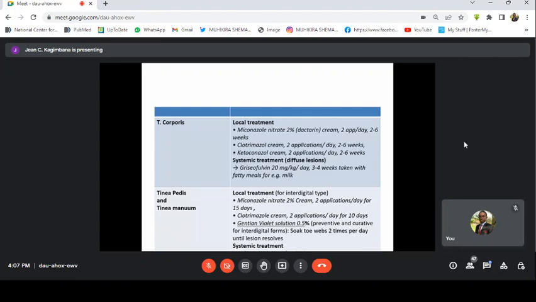Pedis involves the plantar areas, the soles, and it may go up to the dorsum, but you always see it on the plantar area or soles. Clotrimazole cream is for the interdigital type, local treatment. But for systemic treatment, always use oral treatment like terbinafine.